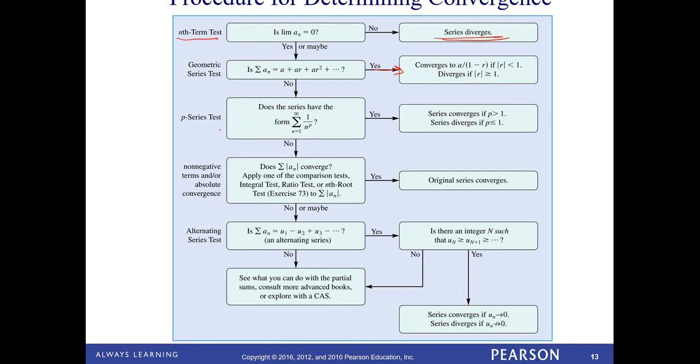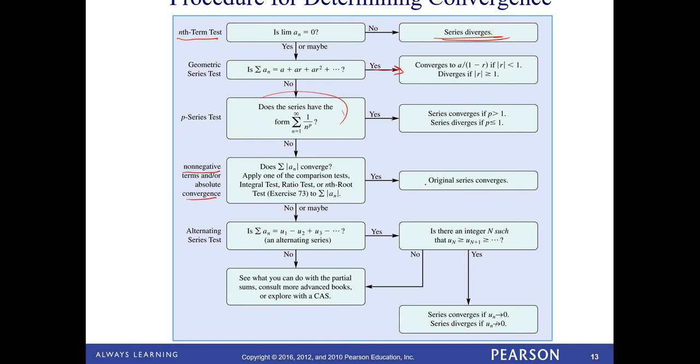If it's not geometric, we're going to see if it's a p-series. If it's a p-series, it converges if p is greater than 1, and diverges if p is less than or equal to 1. If it's not a p-series, look at non-negative terms and absolute convergence. Does the absolute value converge? Use a comparison test, integral test, ratio test, or nth root test.